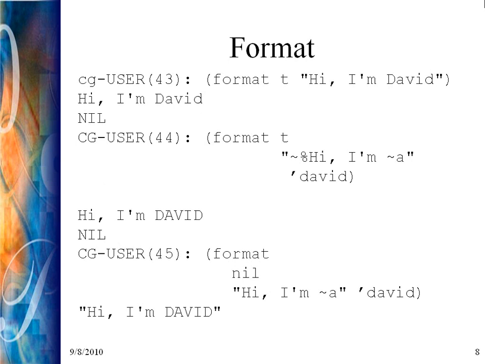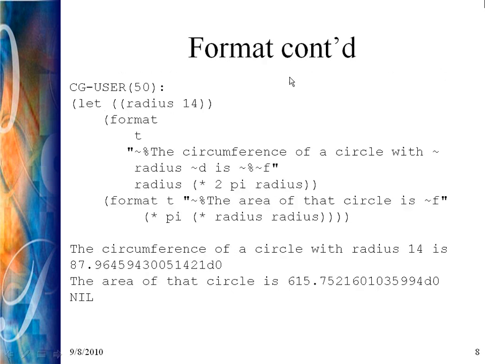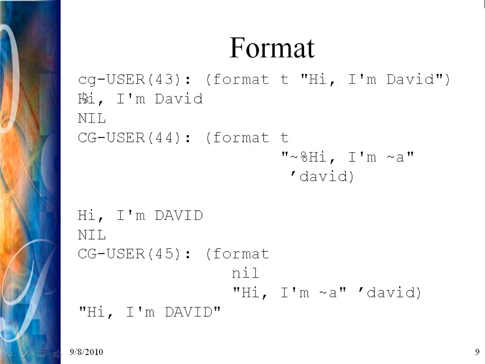Now we're getting into actual Lisp definitions. That was mostly review, and we're going to start out by talking about the format function. Format is a function. It takes two required arguments and then as many additional arguments as necessary. The first required argument is telling the system where you want the output printed.